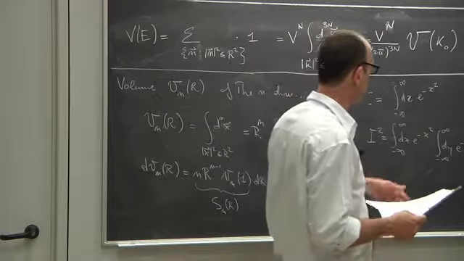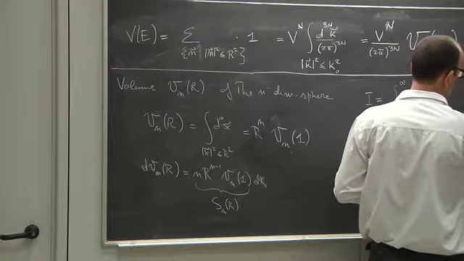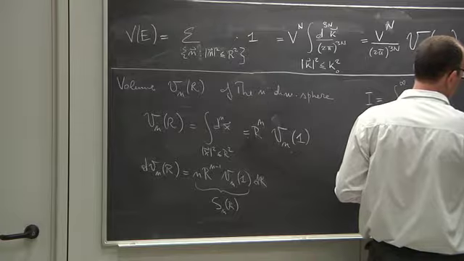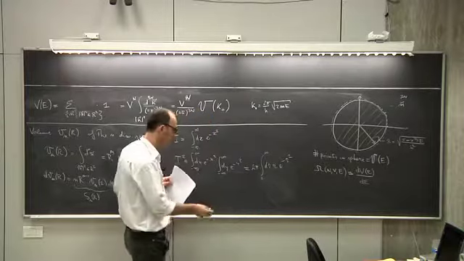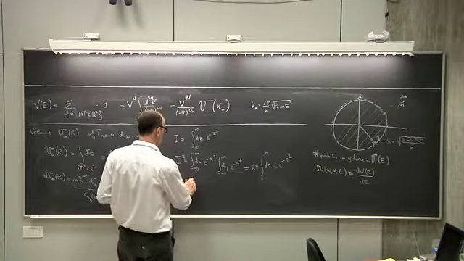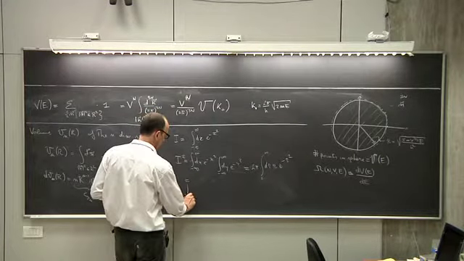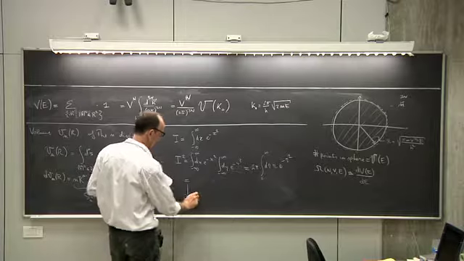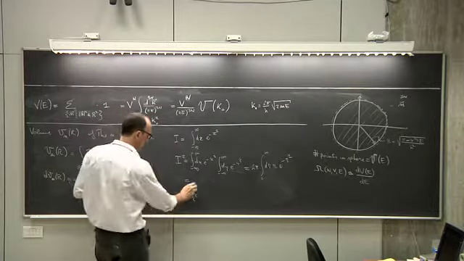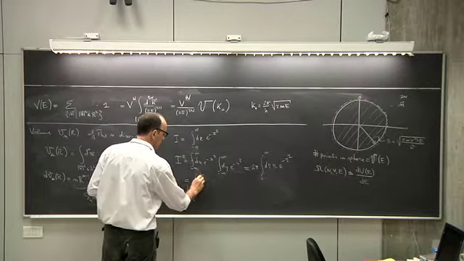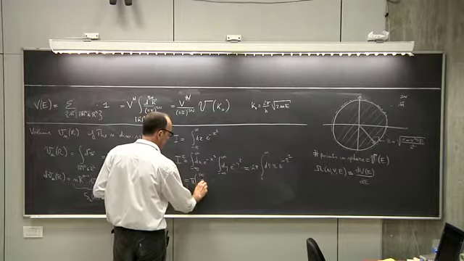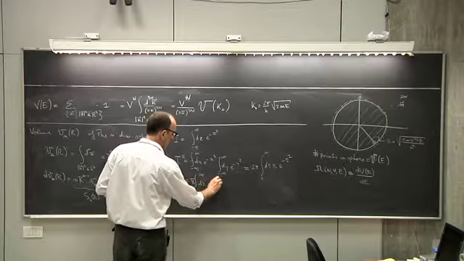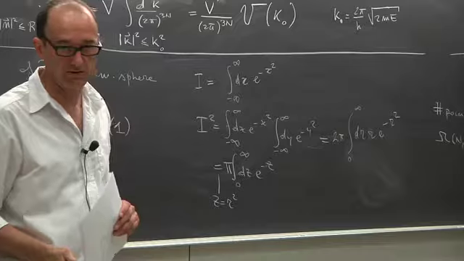And now you see that I have 2 r dr, which is just the differential of r squared. So if I make another change of variable and call z equal to r squared, then this is just the integral from 0 to infinity of pi times dz e to the minus z. And this integral now is very easy to do.